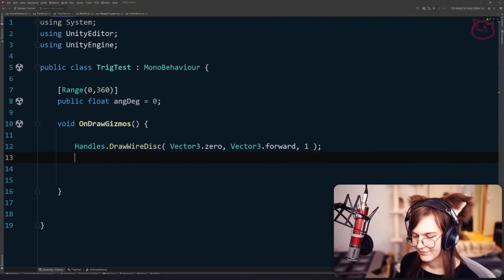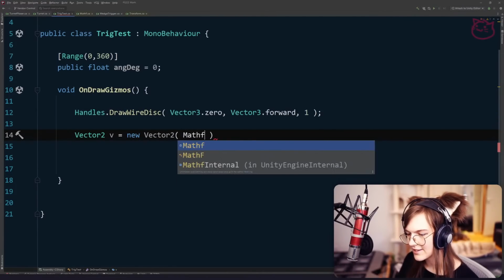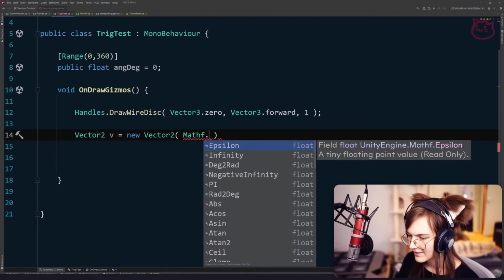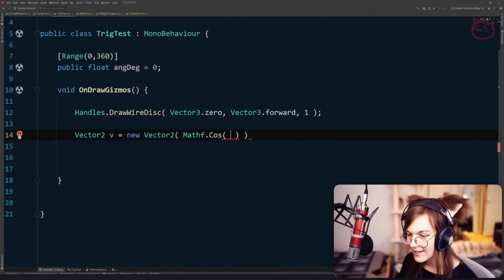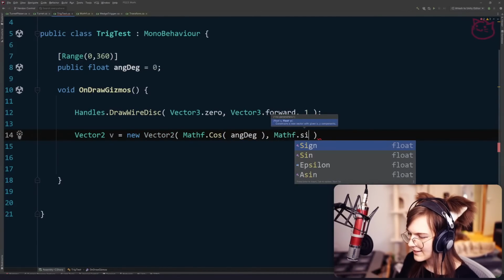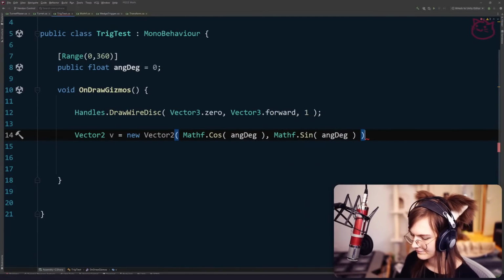Then we need a vector for that, and we're going to call this v. Then we do new Vector2, and then the cosine and the sine function is in the math library of Unity. So cosine is the x-coordinate, so we'll pass the angle in there, and then sine is the y-coordinate, so we'll pass the angle in there.